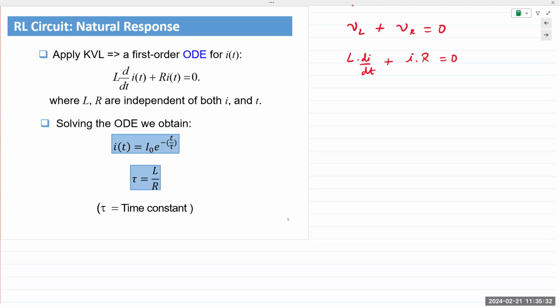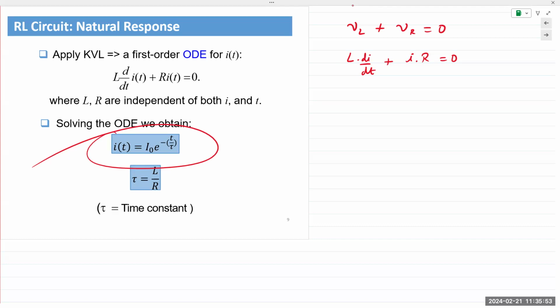Our job as engineers is to find a solution for this first order equation, which is not my idea of a good time. Thankfully, greater minds have come before us and they solved this and obtained the solution: I of t is I0 times e raised to minus t over tau.